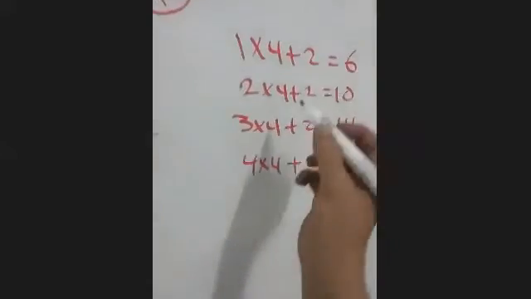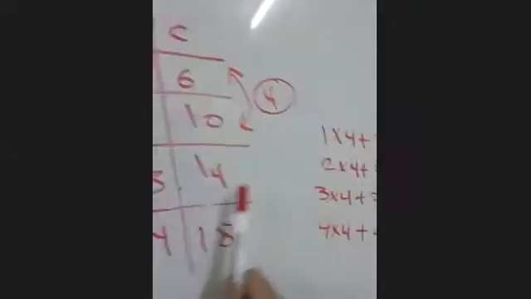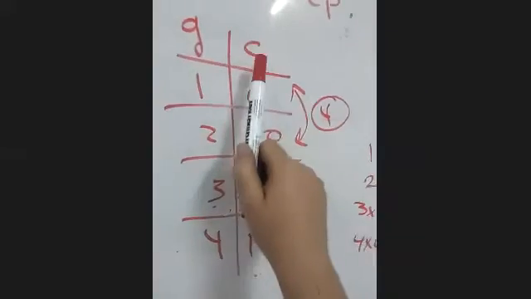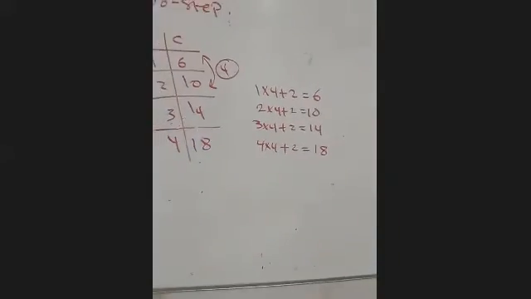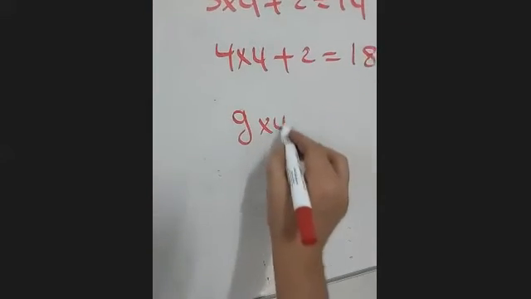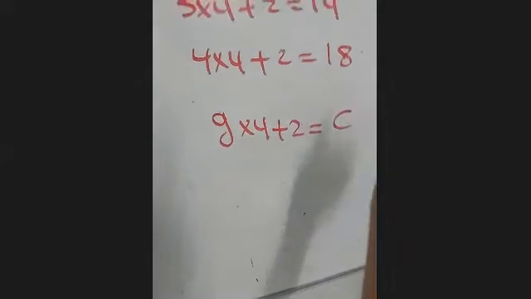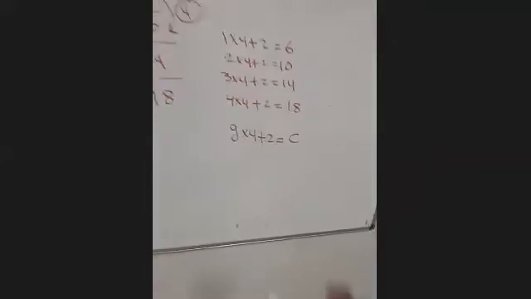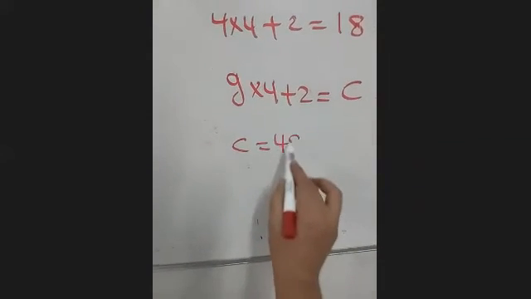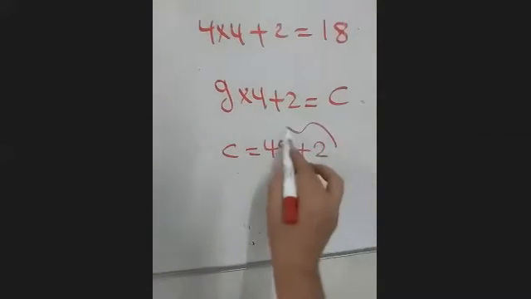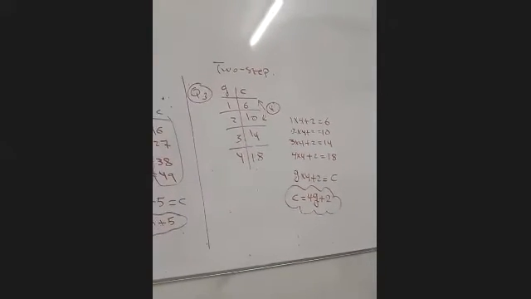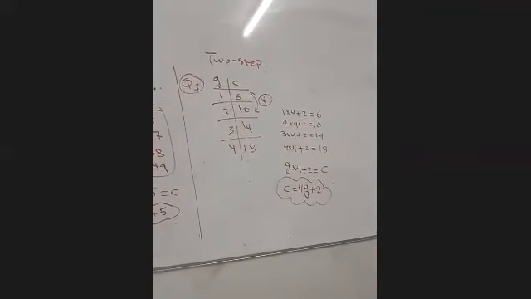So what I'm doing here, I multiply the G with 4, then add 2 to get the answer, which is C, right? So G multiply 4 plus 2 equals C. Now let's write the formula as we used to do. C equals 4G plus 2. Got it? I understand the formula.